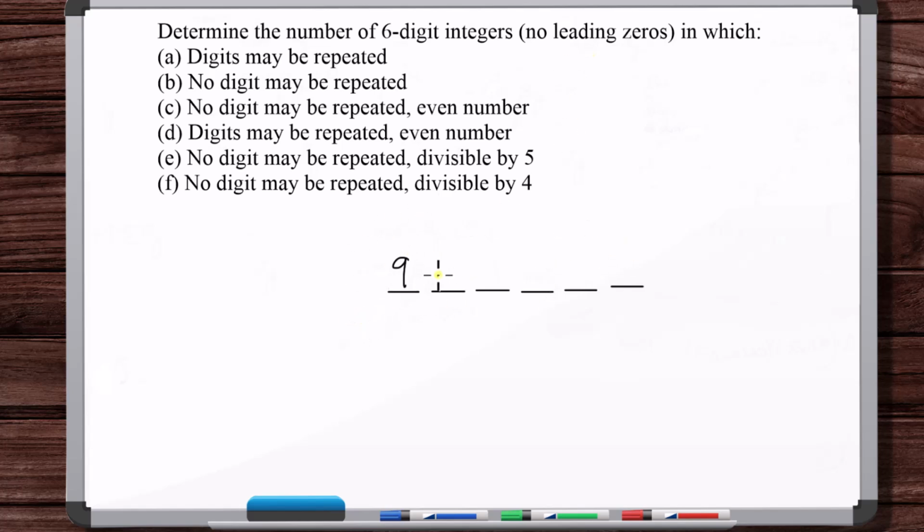Now the rest is just permutation with repetition, where you're choosing from 10 items. So it's just 9 times 10 to the 5th.